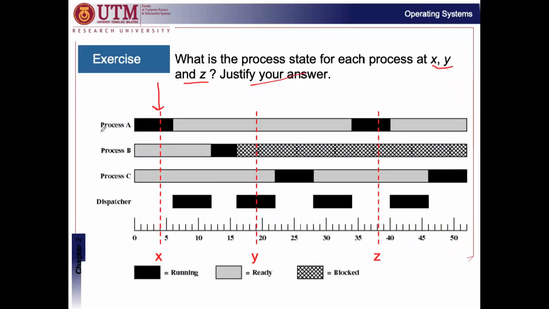Process A is running, process B is in the ready queue, and C, and also the dispatcher. You need to explain based on these processes at this time X, and similarly Y and Z. This kind of question they may ask.